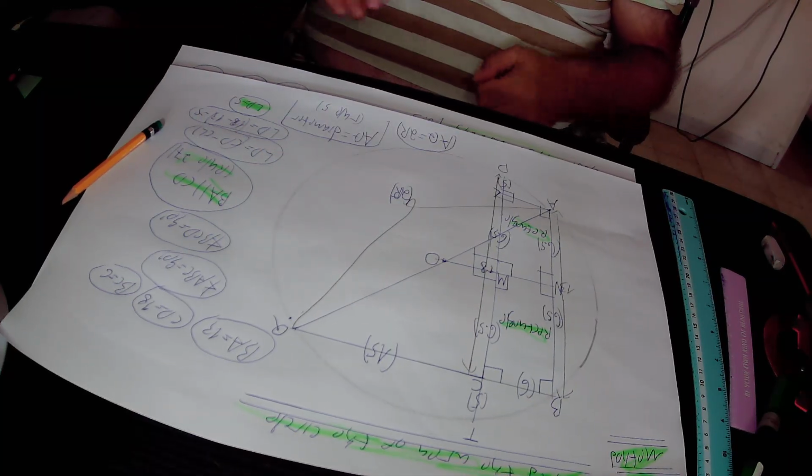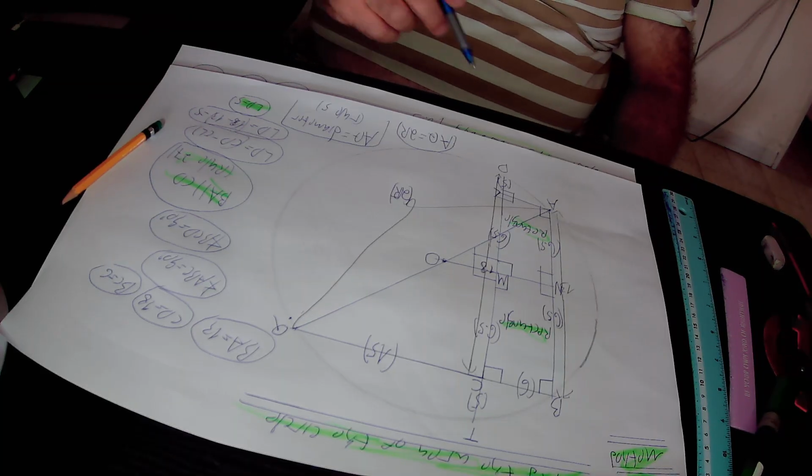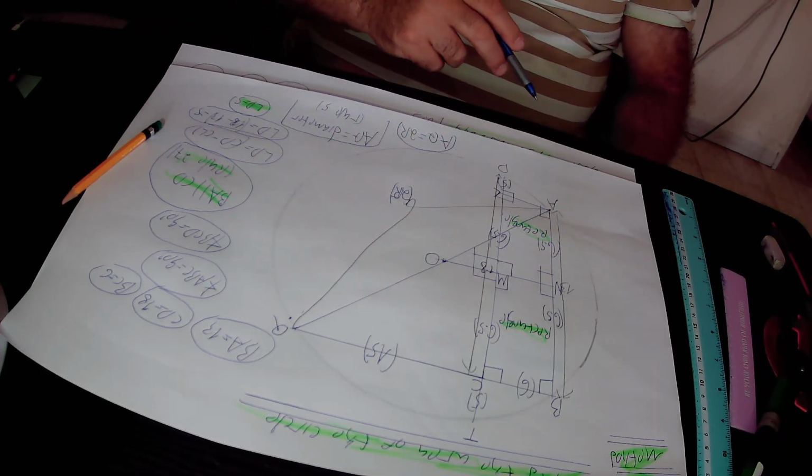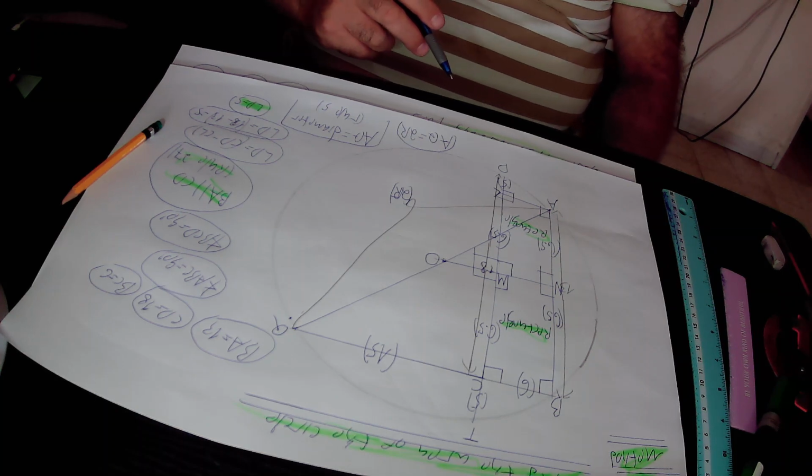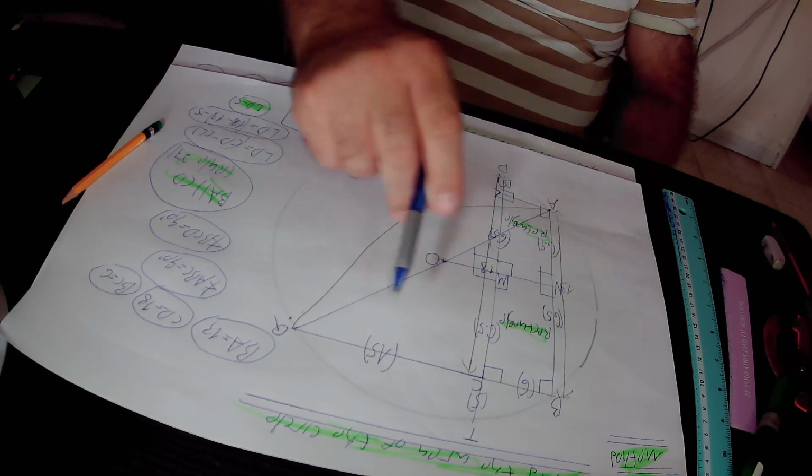In the next step, I'll copy the right triangle ABQ onto a new page, and we will implement the Pythagoras theorem on this right triangle ABQ.